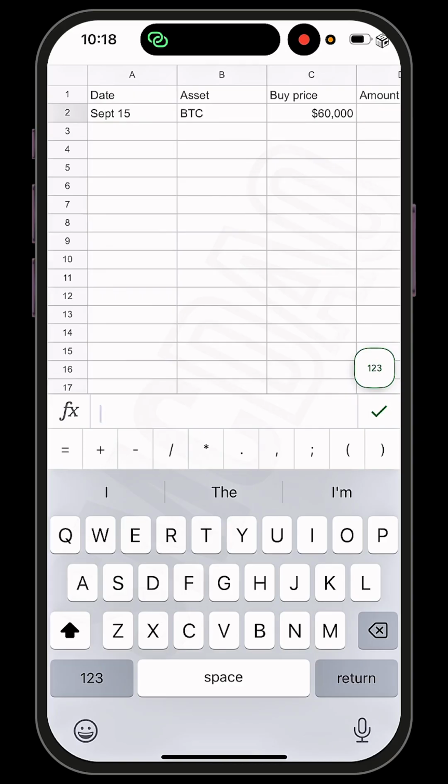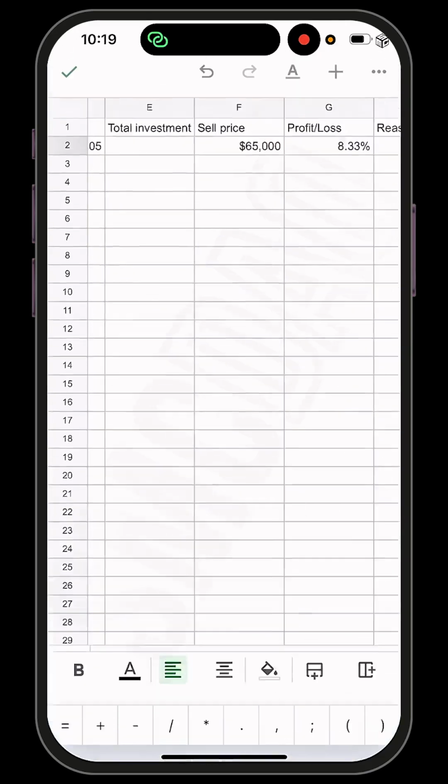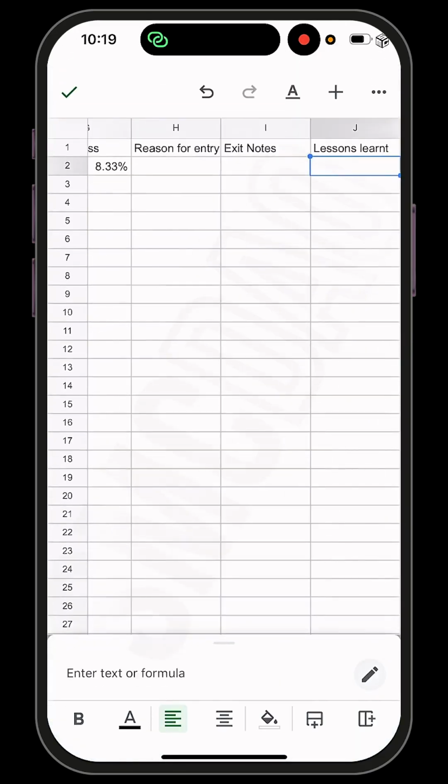And back up your journal or use cloud storage. That's how you set up your own crypto trading journal. It doesn't have to be fancy. The key is consistency in what you are doing. The more you log, the better you become at spotting patterns and improving your decisions.